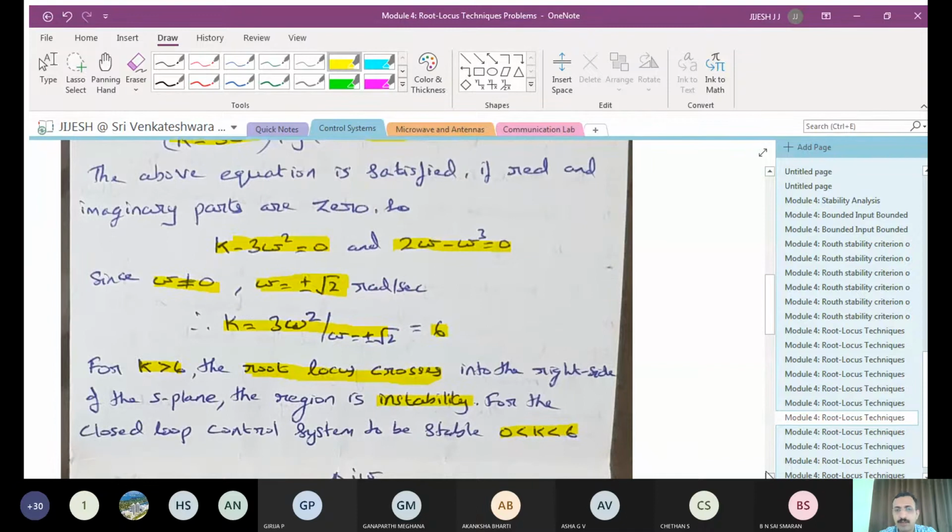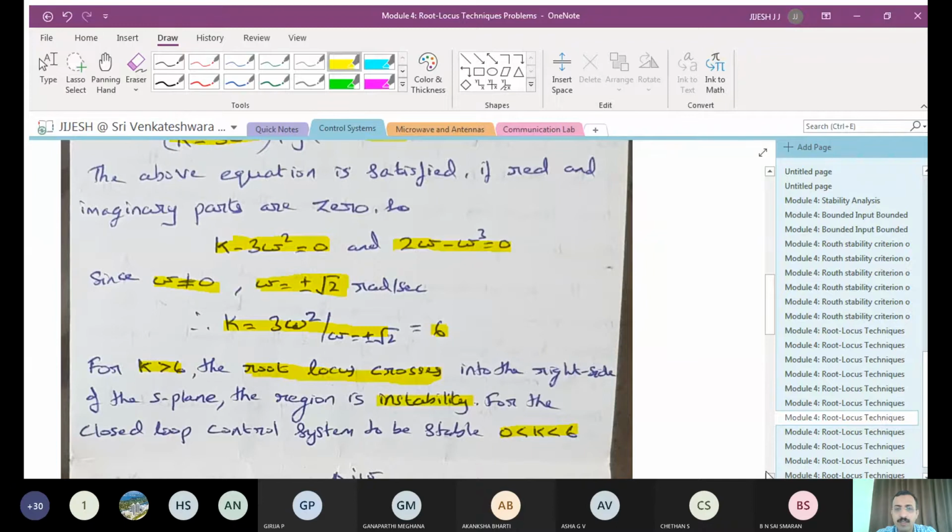Once you complete all these things, we can now start plotting whatever we have done. Just plot two axes, that is the sigma and j omega axis, and let us see how this plot has to be carried out.